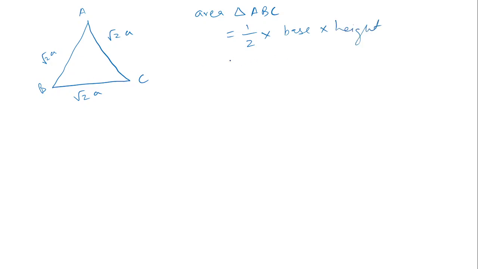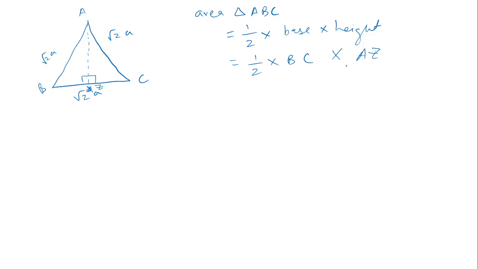Let's say BC is our base. We can take any of the edges as our base. Here we are taking BC. Now the height will be this perpendicular to the base. This is what we call height. But how to find out this? This AO, let's call it AX, okay, X is not good, let me call it Z maybe.